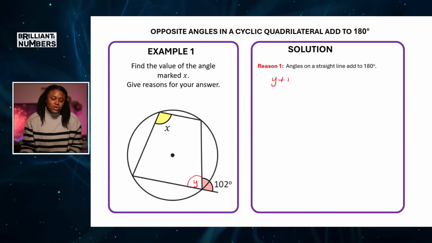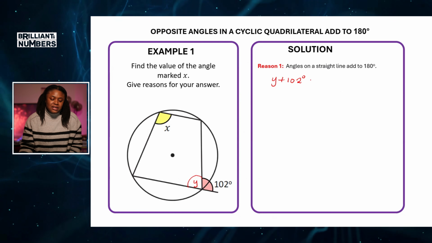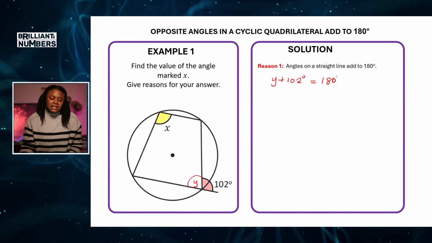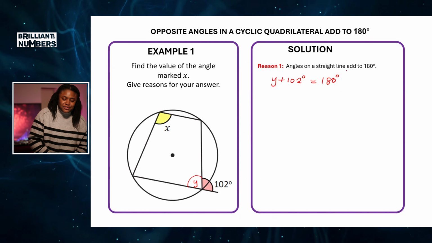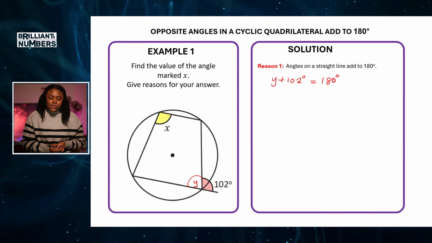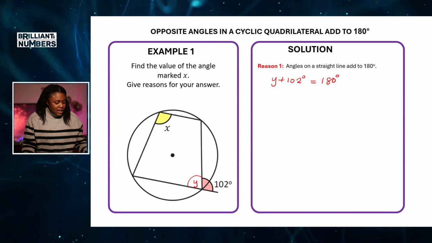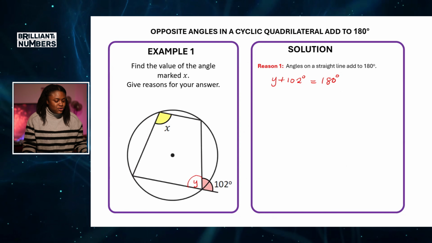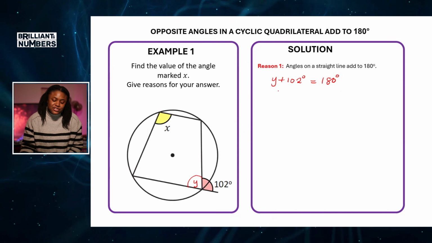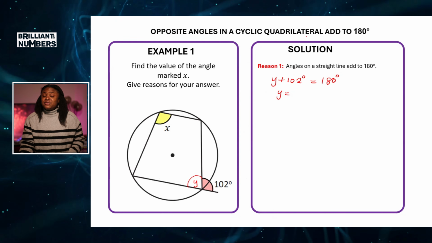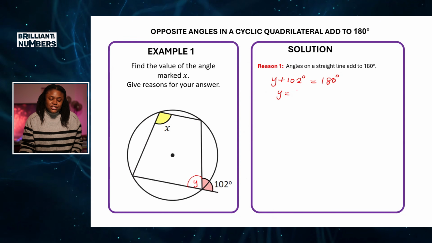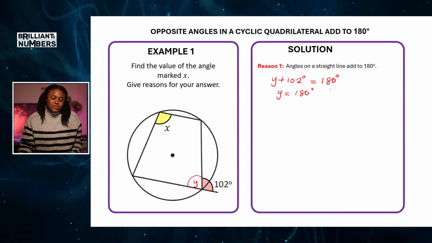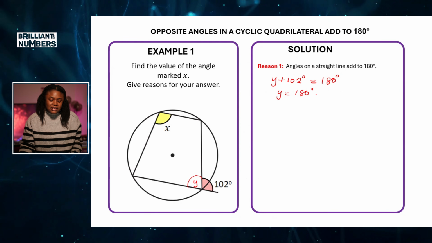Y plus 102 degrees is equal to 180 degrees. Even though this is a simple one, you can also just use your calculator quickly and put 180 take away 102. Very simple one, so you didn't have to do that. But I can't stress enough that in an exam situation, you will be under pressure. So if it's a paper 2, use your calculator.